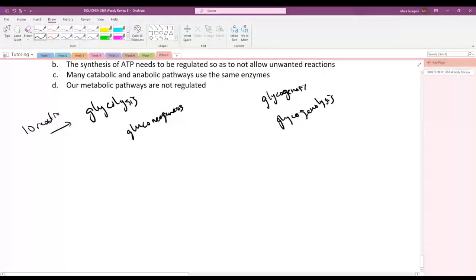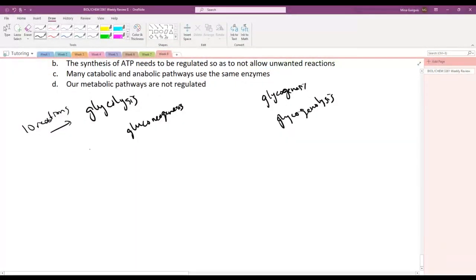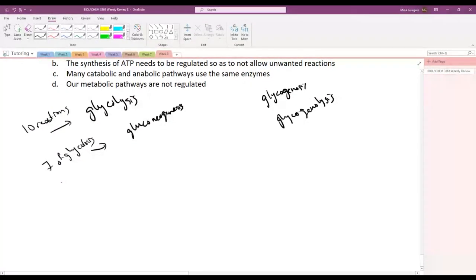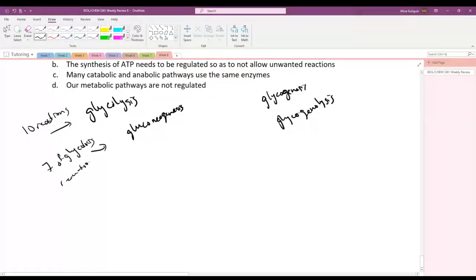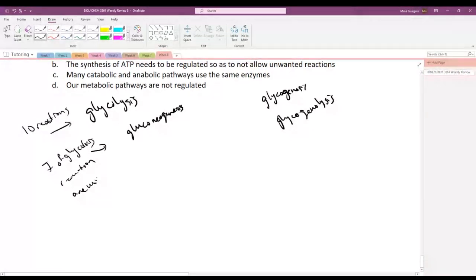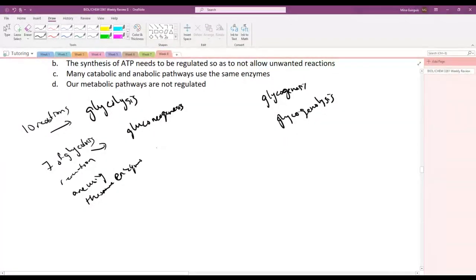10 reactions. I believe that 7, and I might have that number wrong, but 7 of glycolysis reactions are using the same enzymes as gluconeogenesis.